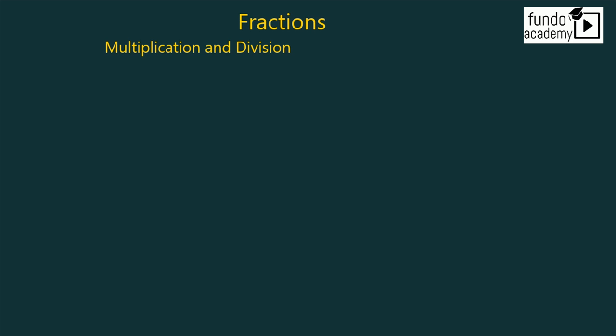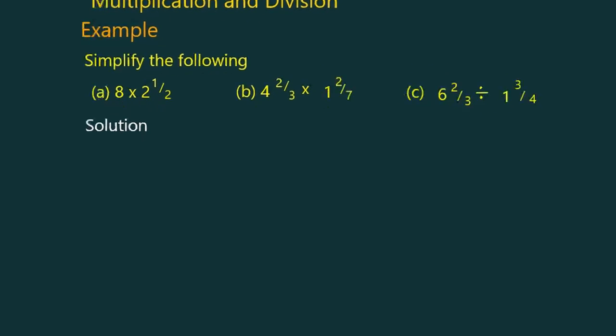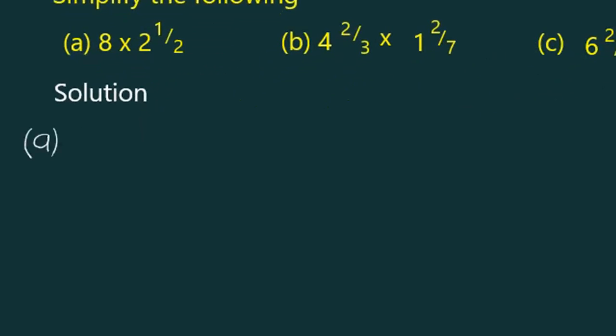With the example that I have here, I would want you to pause the video and try to work out and see if you can simplify the fractions that we have here in multiplication and division. But right here I'm going on to the solution, starting with part A, in which we have 8 times 2.5. That's a simple fraction here.